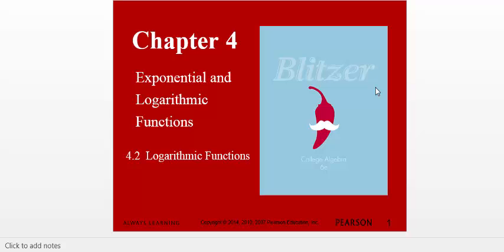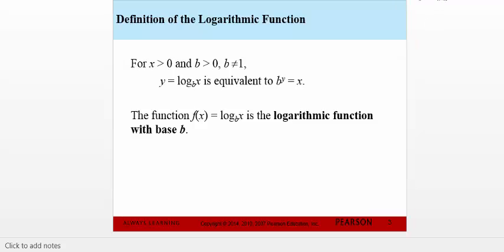Let's take a look at section 4.2, logarithmic functions. If x is bigger than 0 and b is bigger than 0 but not equal to 1, y equals the base b log of x is equivalent to b to the y equals x.